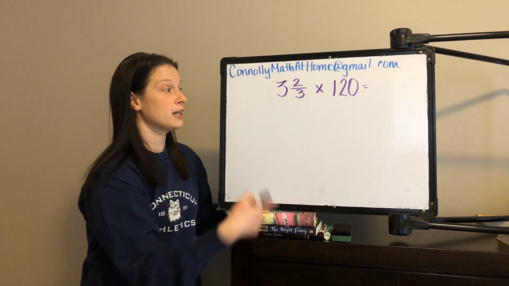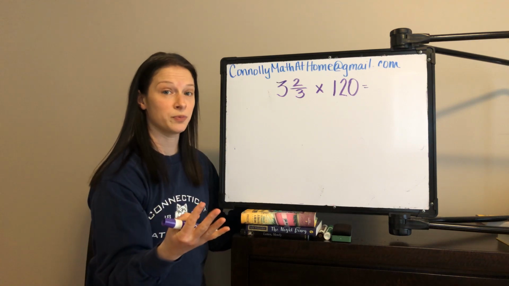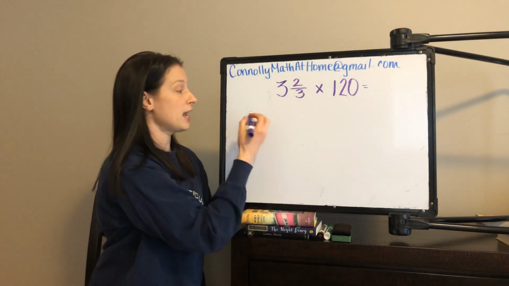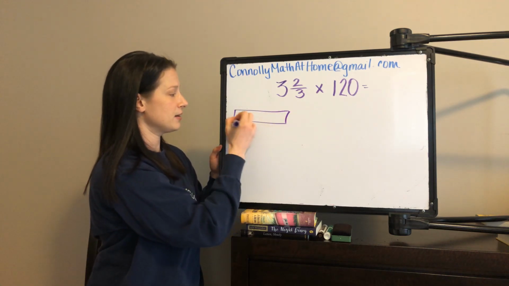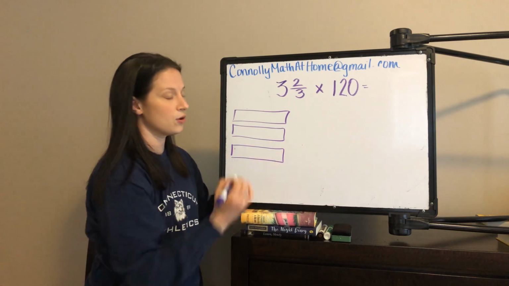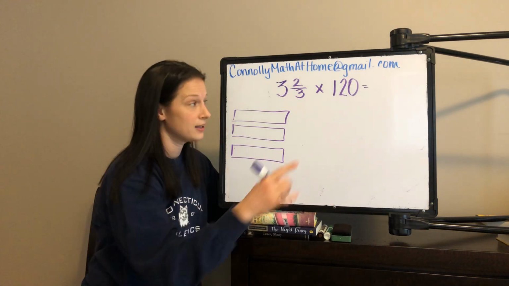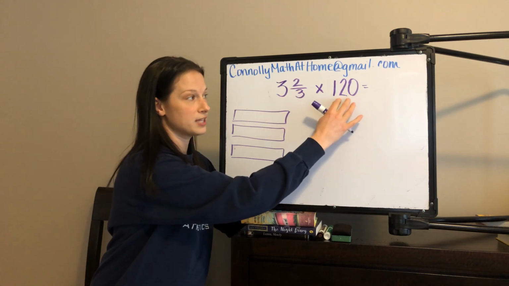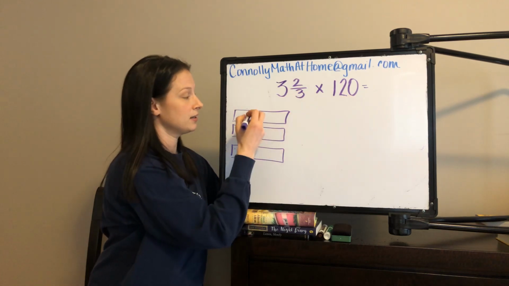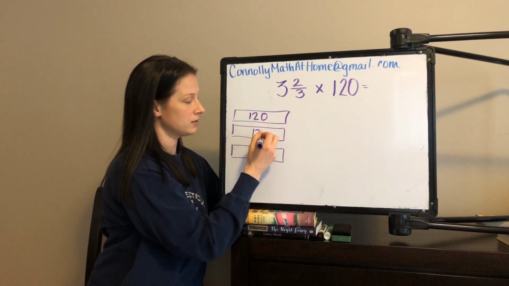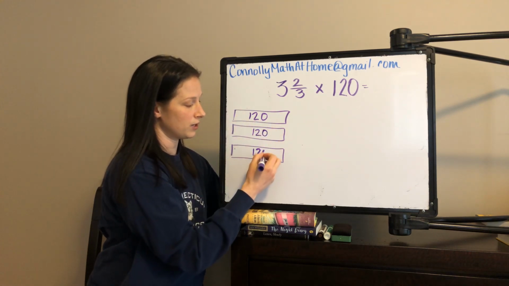Okay, so let's think about keeping one number whole. We're gonna keep 120 whole, okay? And we're gonna think about if we did 3 whole, if we did this bike path 3 whole times, 120 kilometers, we're gonna go 1, 2, 3.